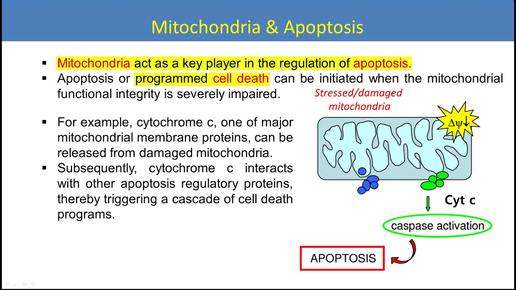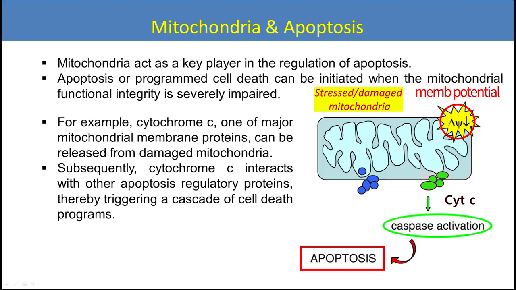An example is when the mitochondria are highly stressed or chemically or genetically damaged. In that case, the function and biochemical properties, which I'm going to explain later, about membrane potential, will be disrupted. That is a signal for triggering cell death.